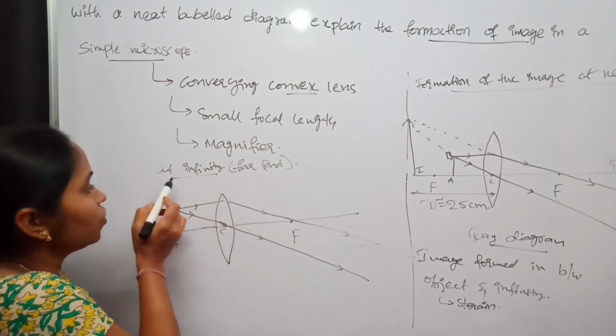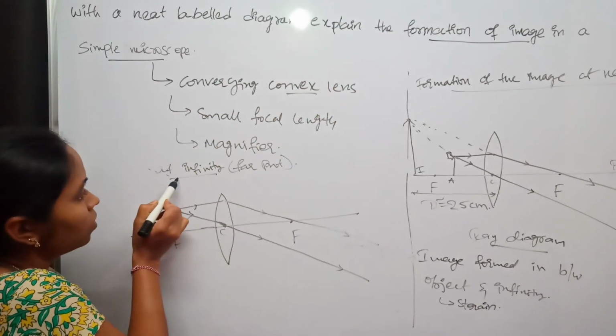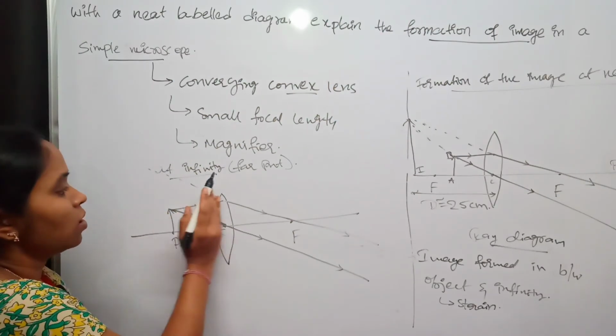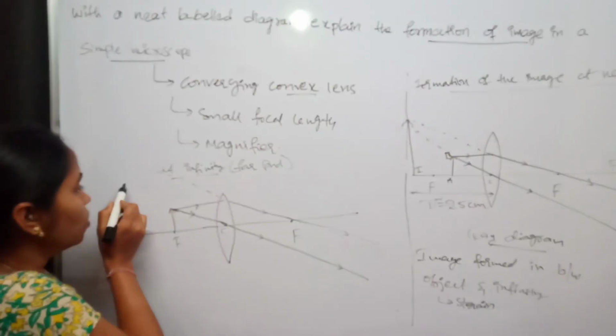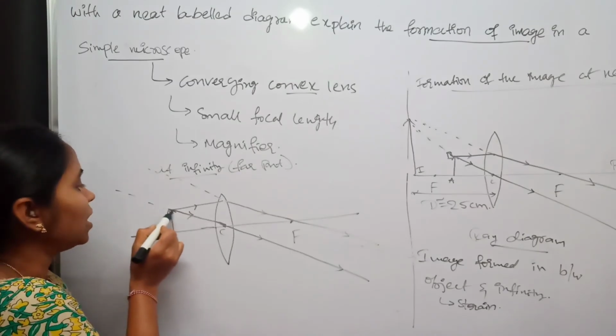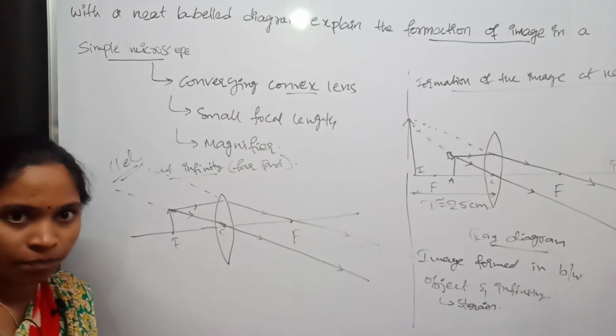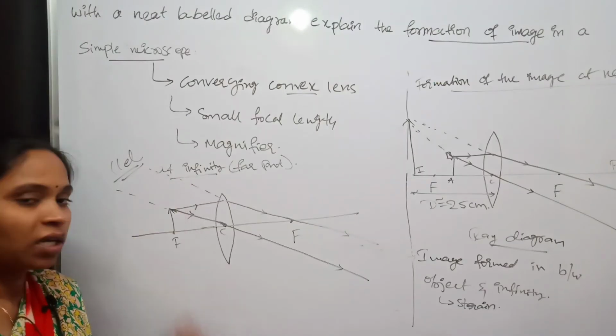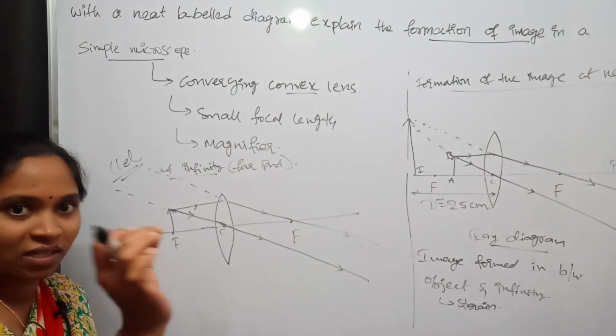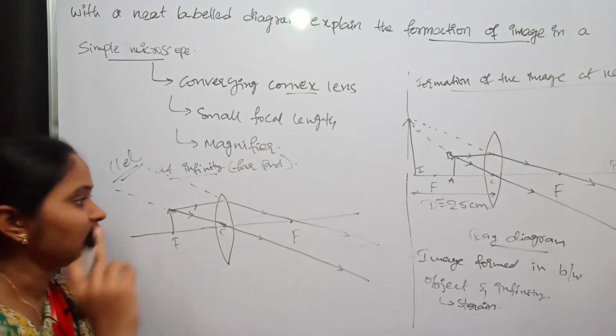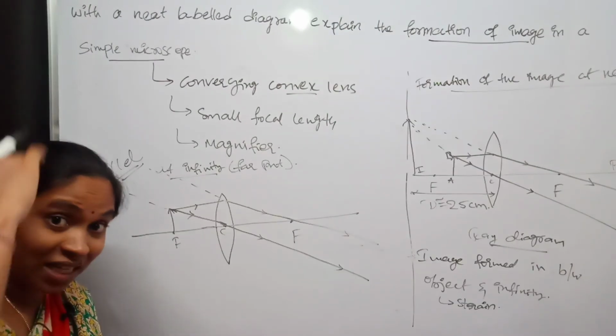If you extend the rays on the other side, these rays will be parallel to each other, that means they will meet at infinity.